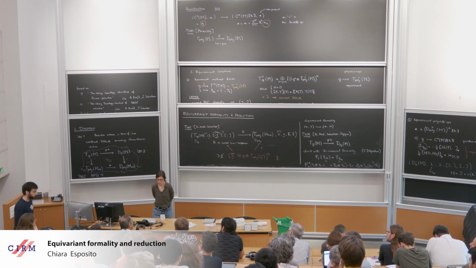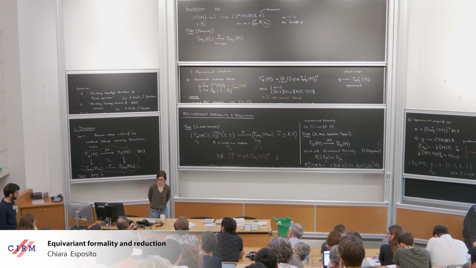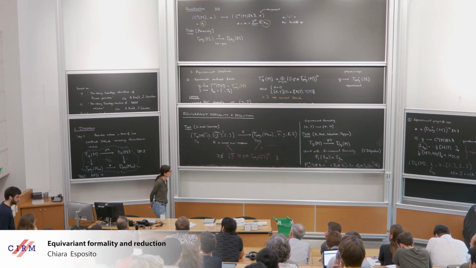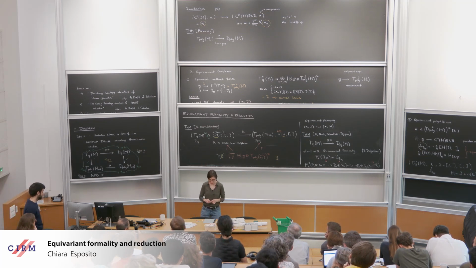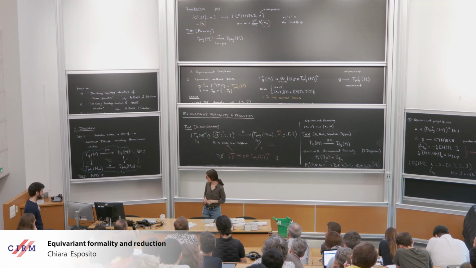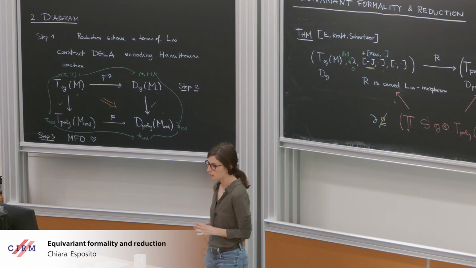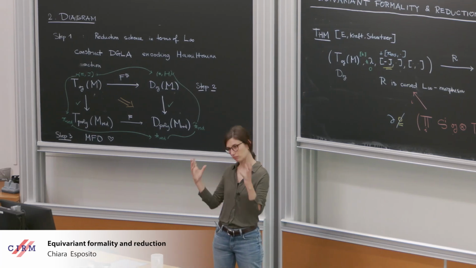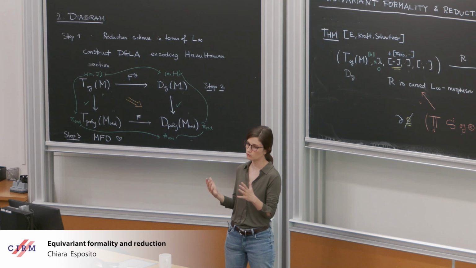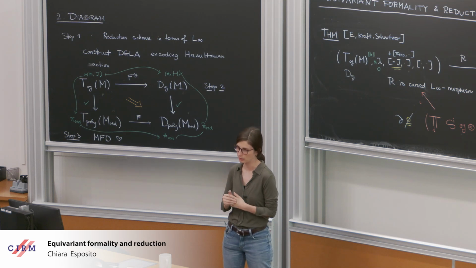Can you view this as some special case of coisotropic reduction? Well, this is a part of the project in some sense. Myself, together with Stefan Waldmann and a student of mine, Marvin Dippell, are trying to rephrase reduction in terms of coisotropic algebras, let's say. So really in a completely algebraic setting.